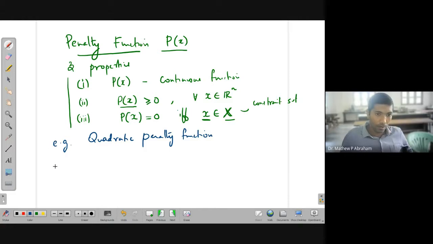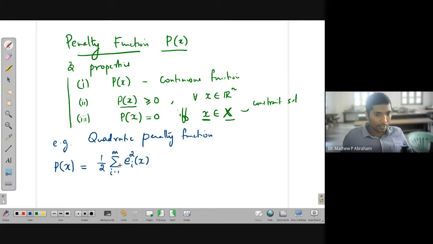In the case of the quadratic penalty function, it will have a form something like this. Here e_i represents the equality constraints. Since it is quadratic, e_i squared. Summation i equal to 1 to m, so all equality constraints, and since it is quadratic, we include a half as well. So half summation i equal to 1 to m of e_i squared.